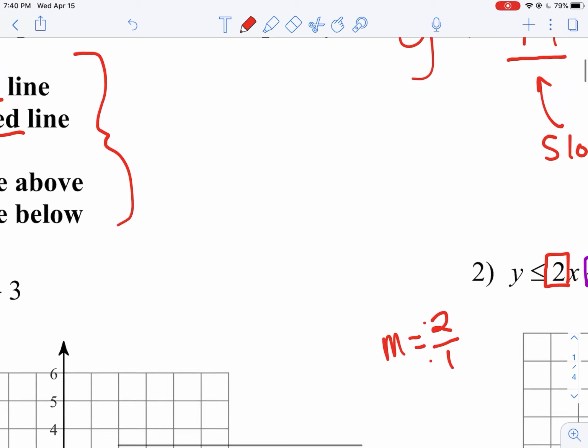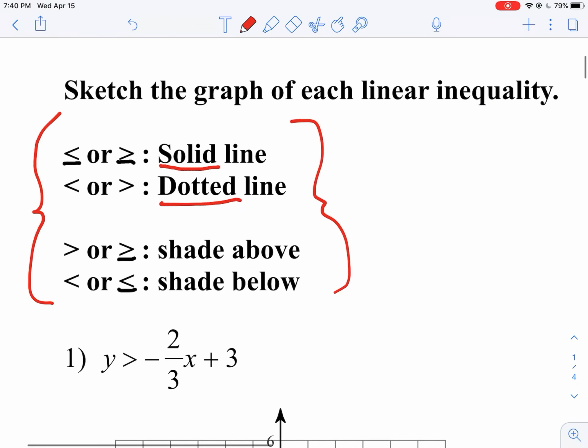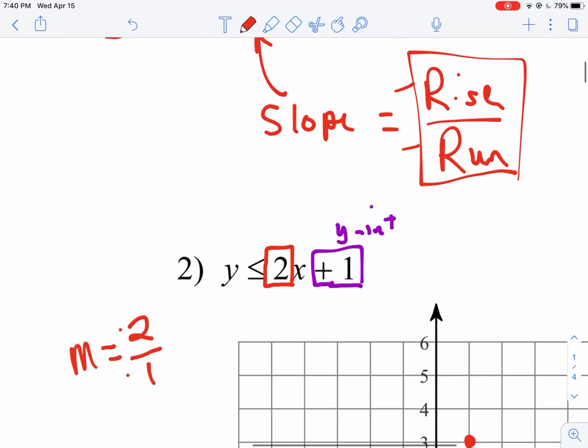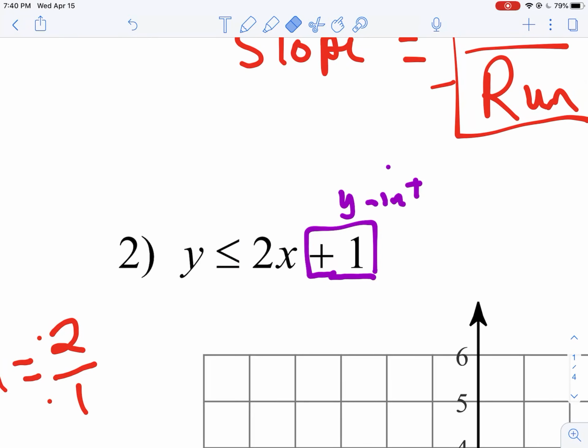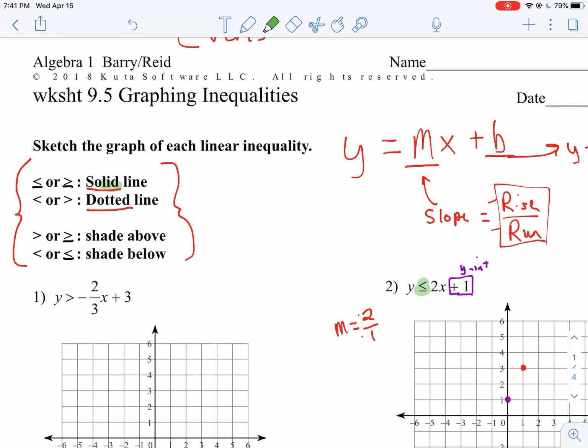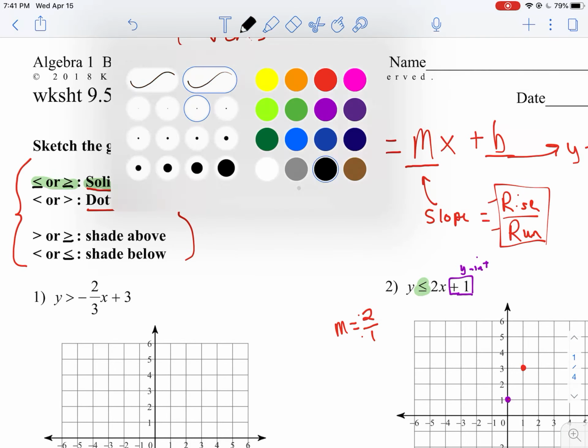When we're connecting our 2 dots, we're going to use either a solid or dotted line, depending on if my inequality symbol has one of those or equal to's or not. Okay, so if I look at number 2, which I was doing, the symbol it has the or equal to. So I am going to use a solid line. If it has the little line under it, the or equal to, I'm going to use a solid line when I connect my dots.